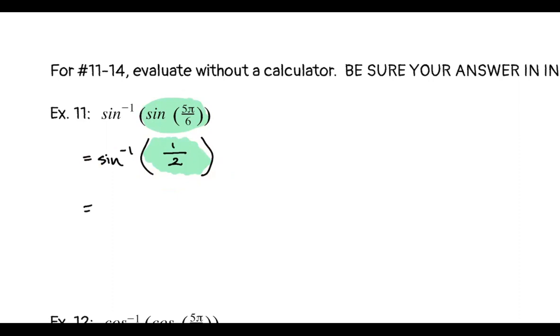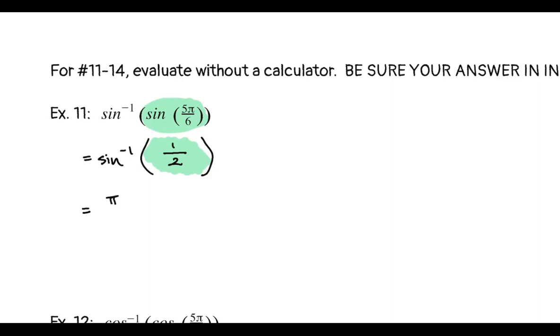So give me both answers that could possibly be true here, and let's go through that decision-making process again. What are two possible answers for this? Great.